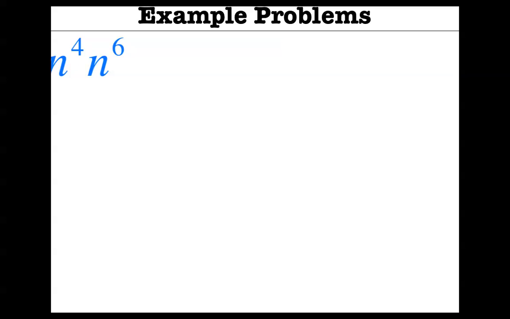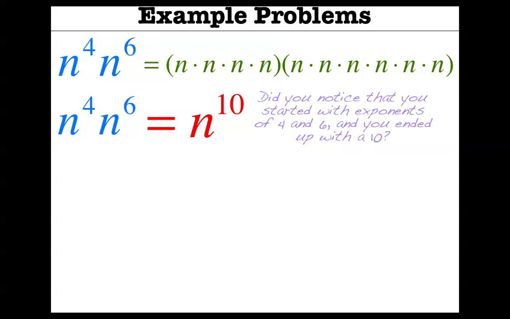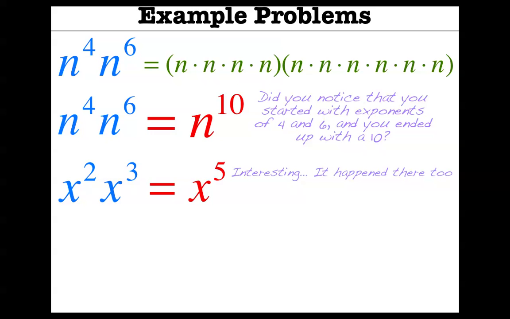So here's another example. If you have n to the 4th times n to the 6th, you've got a whole bunch of n's. How many n's? You've got 10 of them, don't you? Interesting. You started with 4 n's and 6 n's, and you ended up with 10 n's. And on the one before that, you had x squared, x cubed, and you had 5. It happened there too, didn't it?